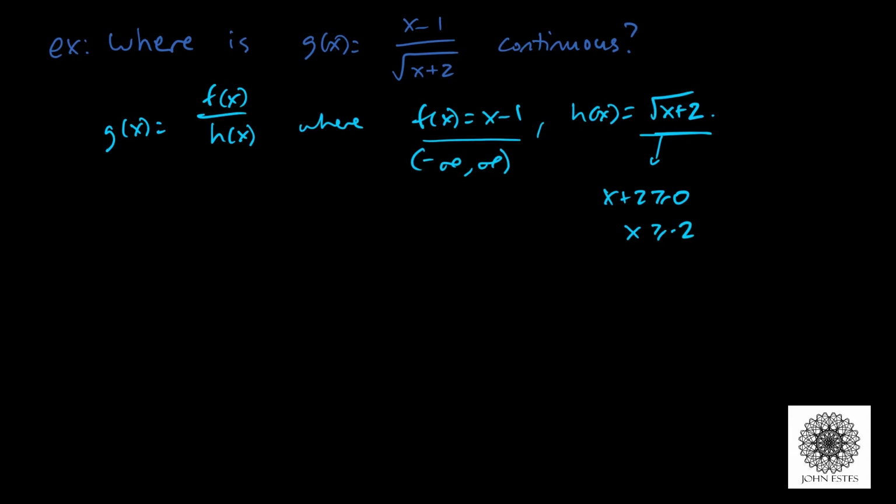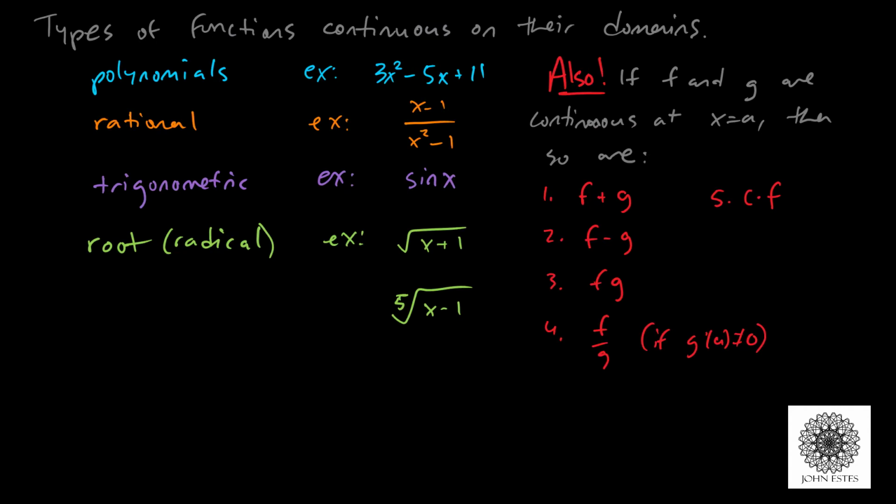So the temptation then would be to say that g of x is continuous on the closed interval negative 2 to infinity. And I'm claiming that's not quite correct, because if you remember, when you divide f divided by g, we need to make sure that g of a is not equal to 0.